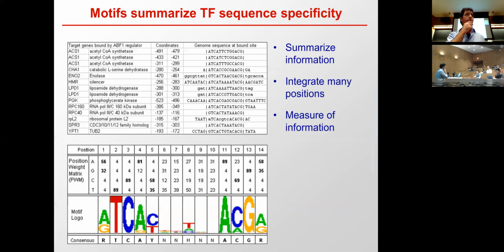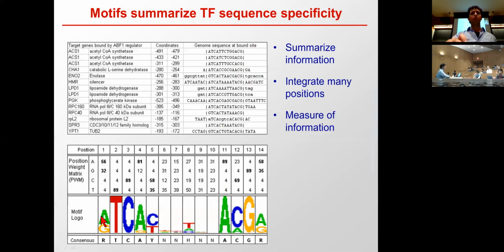Yeah. It doesn't account for combinations. Correct. It assumes that every position is independent. It says that whether I have an A or a G at this position doesn't matter if I have an A or G at that position.